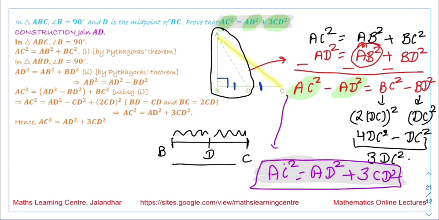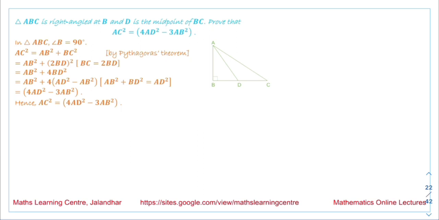Now the next is, a triangle ABC is right angled at B. We are saying this is right angled at B and D is the midpoint of the side BC. We have to prove that AC square equals 4 times AD square minus 3 times AB square.